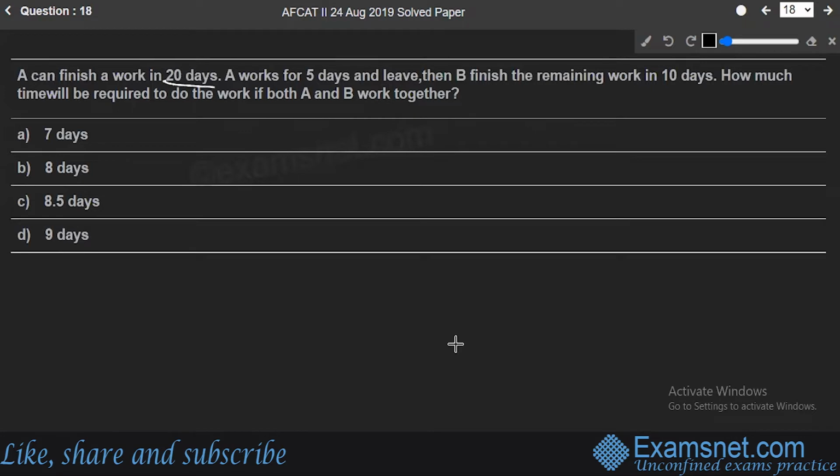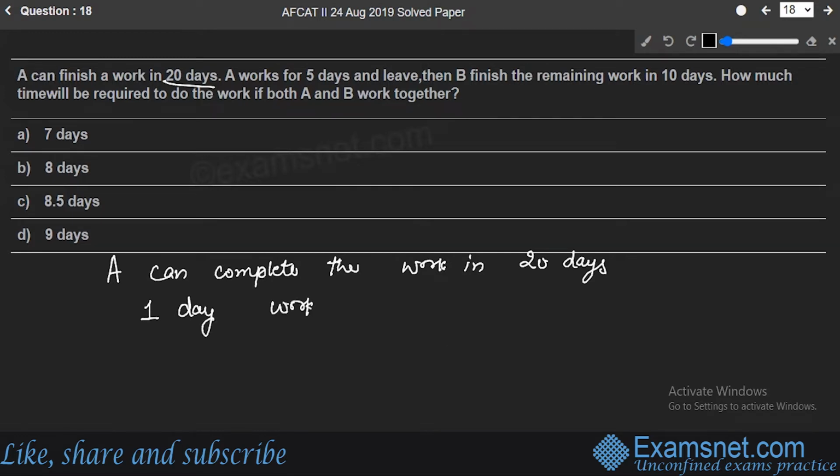A can complete the work in 20 days, right? So one day, how much work he can complete? One day work will be 1 upon 20. A works for 5 days.